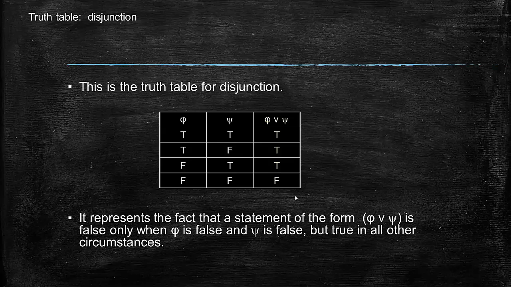So with conjunction, the only time you write true is when they're both true. In disjunction, the only time you write false is when both of the constituent propositions are false.